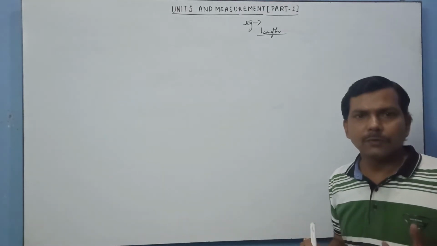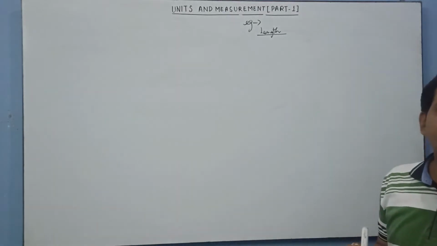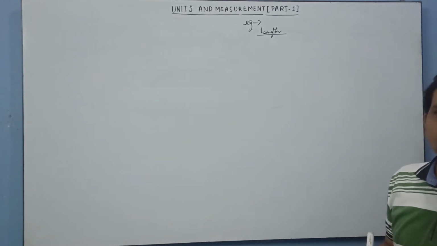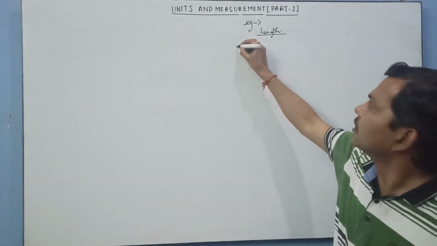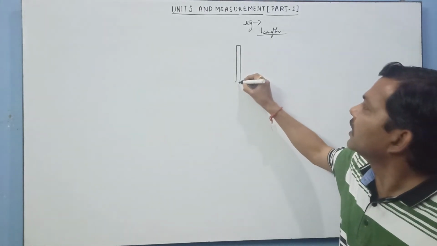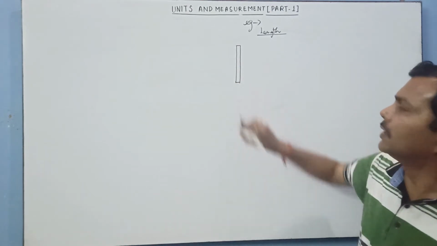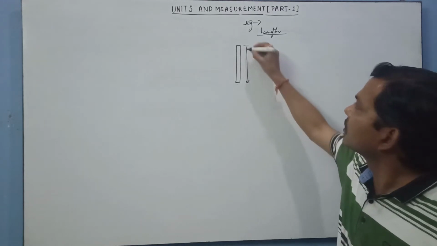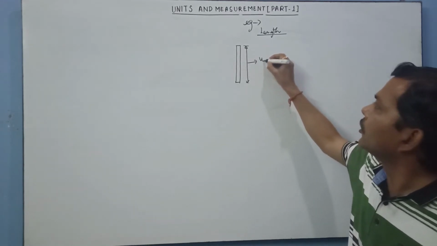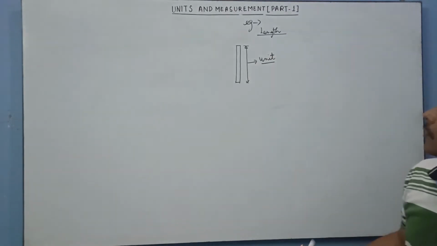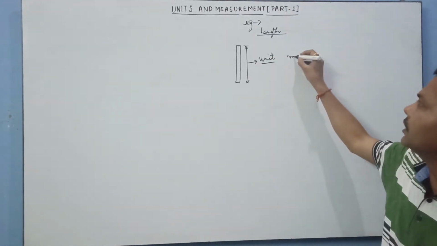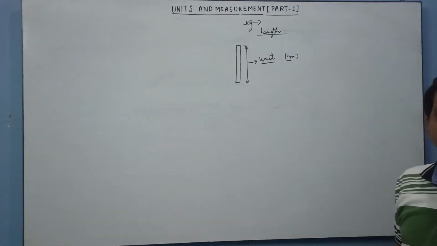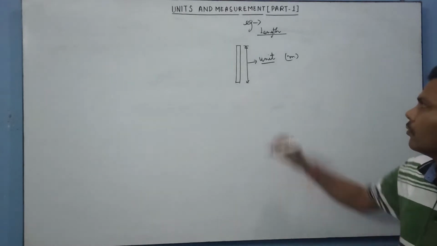Suppose you want to measure the length of the room in which you are sitting. What will you do? You will first take some length and make it a unit, like a meter, and then compare the length of your room with this unit.